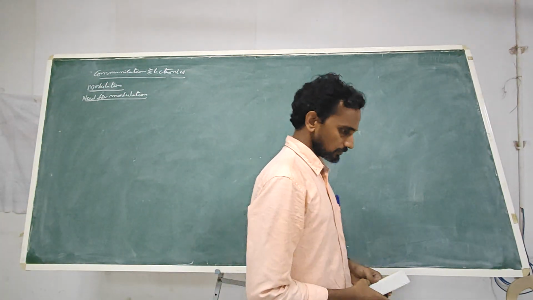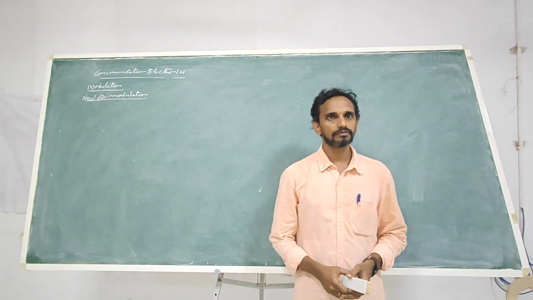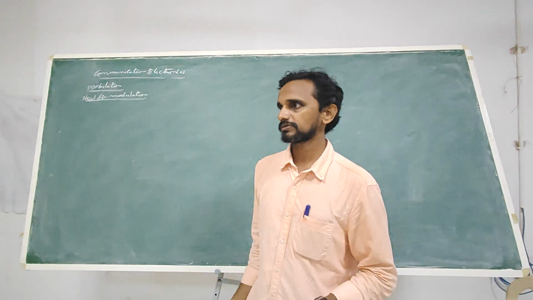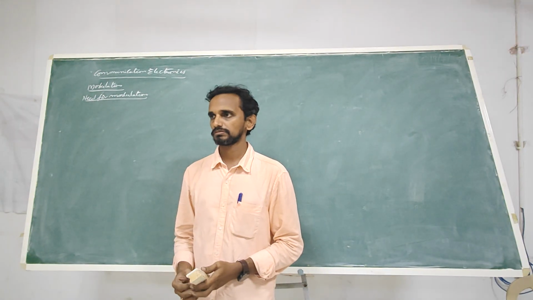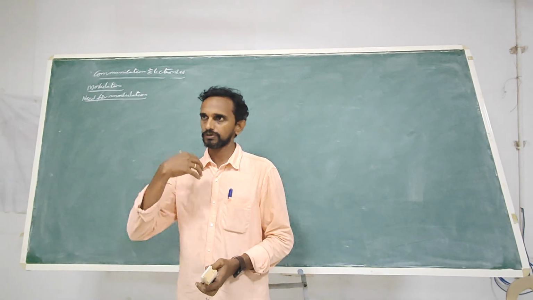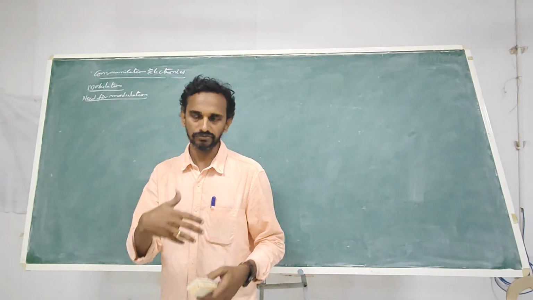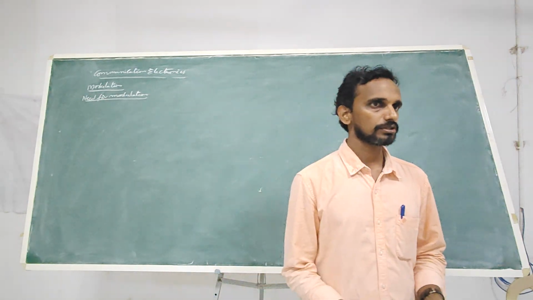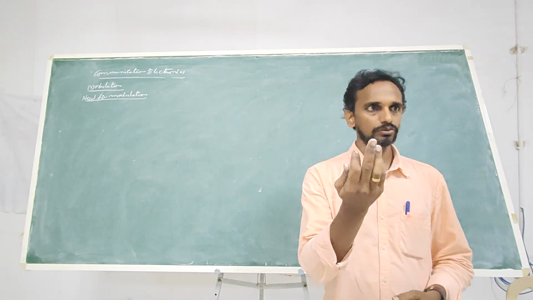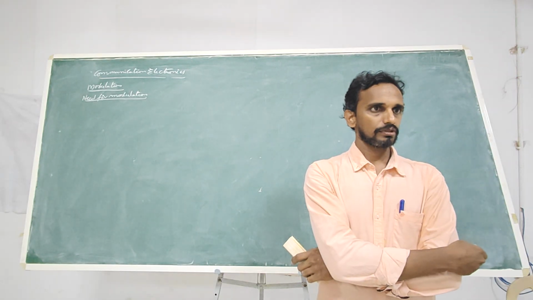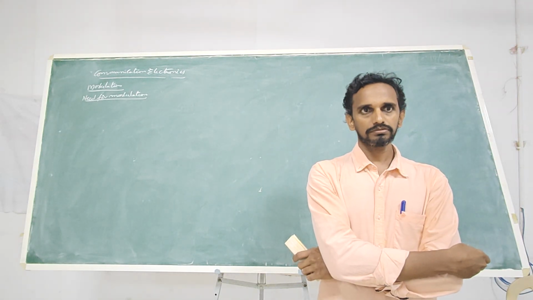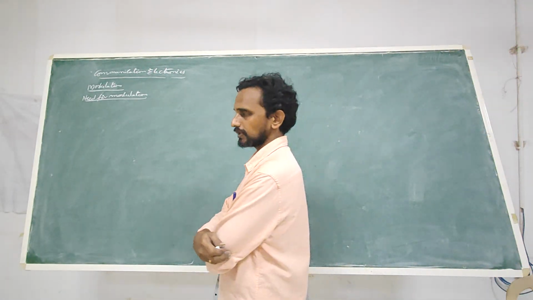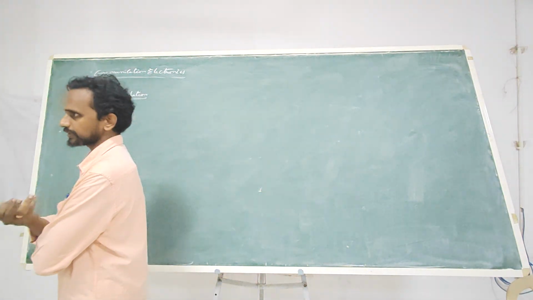So basically, when you try to communicate to longer distances, let's say you want to communicate with people beyond this room. Within this room, I can talk in a normal voice. Beyond this room, I may have to use a speaker, microphone. I need a loudspeaker.